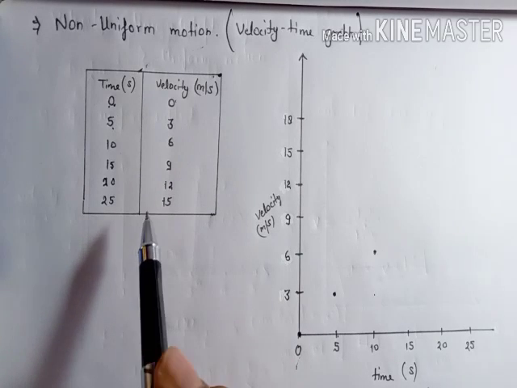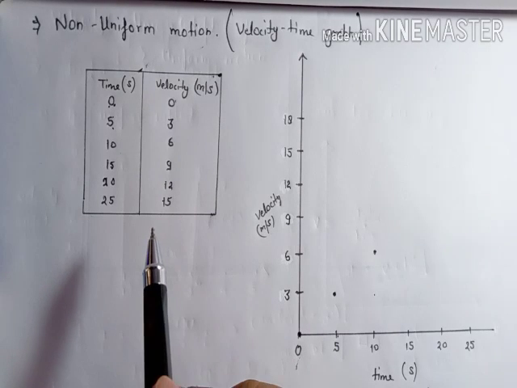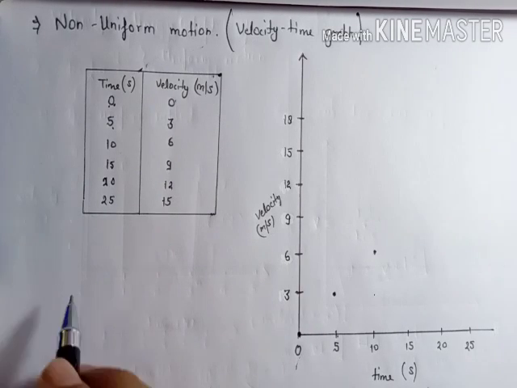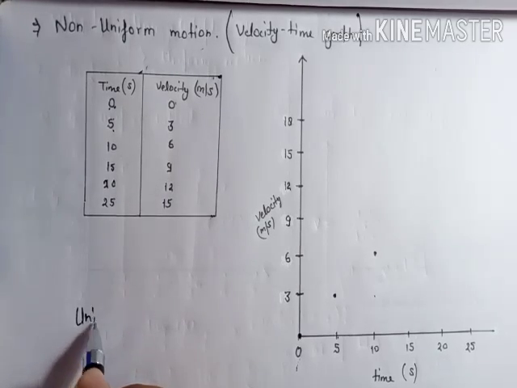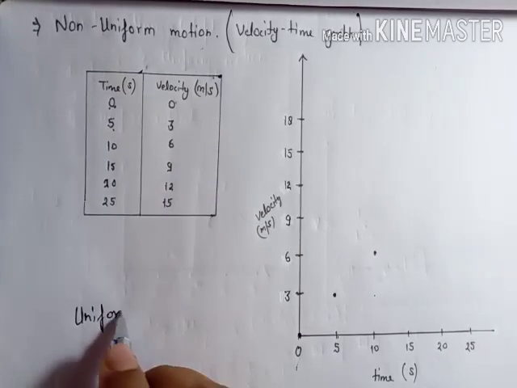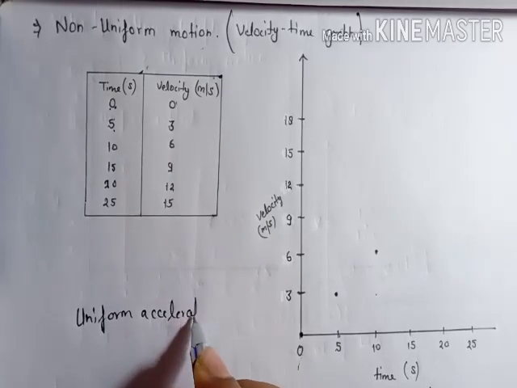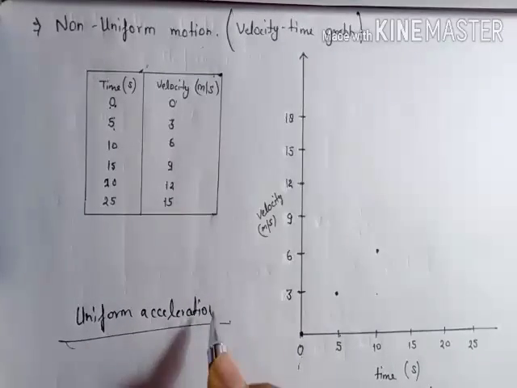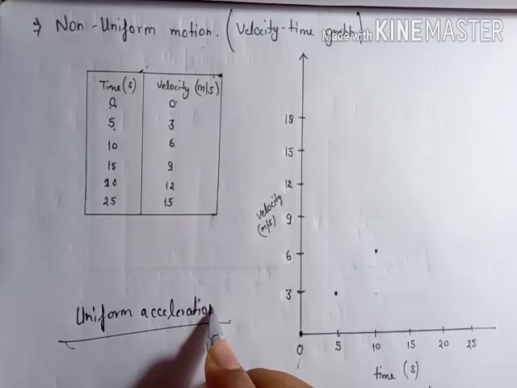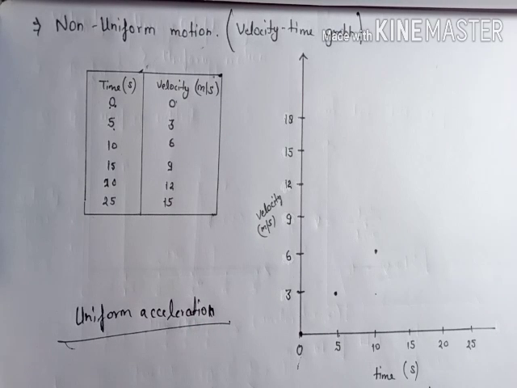So we can say that here acceleration is also uniform. So you can write this for uniform acceleration. We are plotting this graph. If the question is for uniform acceleration, plot the graph of velocity time, you can write this.